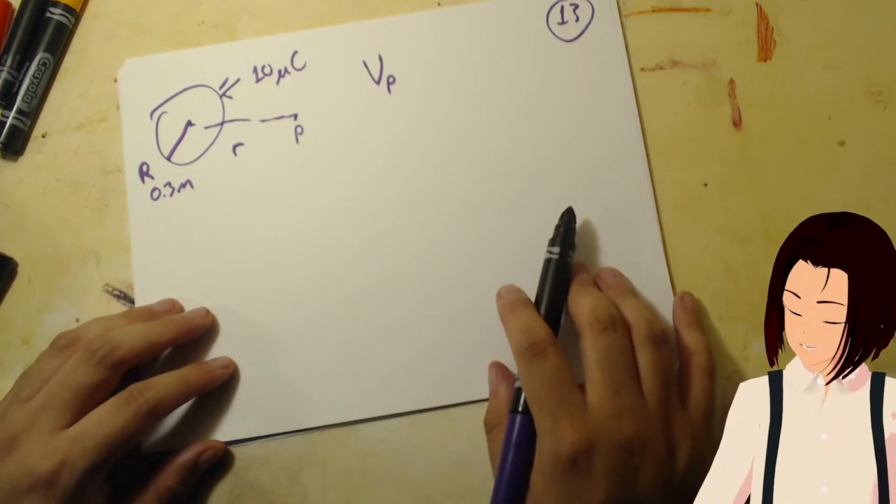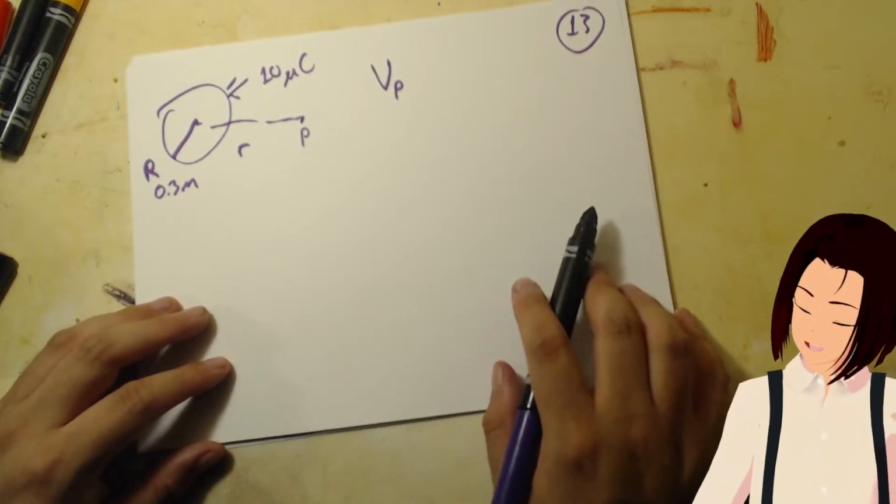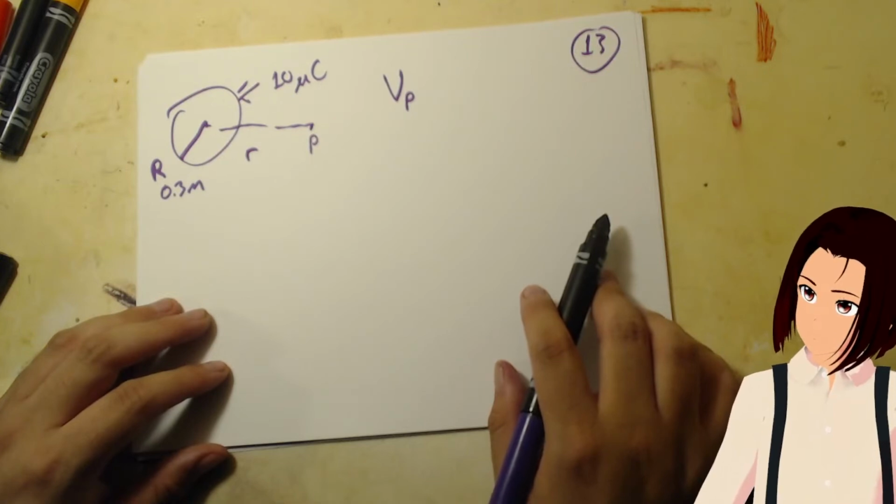Okay. Joules per coulomb. Work. So how do I do the work? F dot ds.